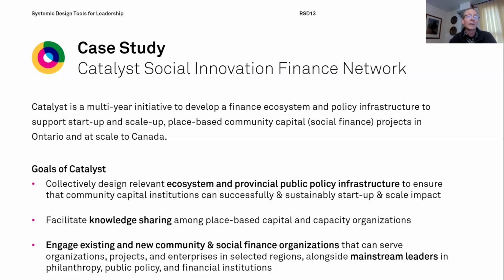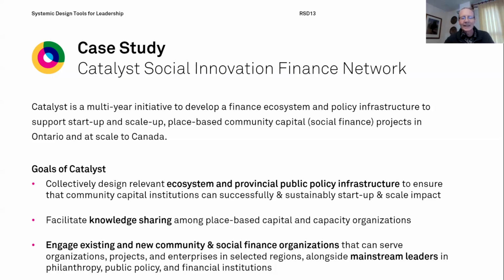And so this is developing some of its goals, developing an ecosystem that could support this type of scale in Ontario and other provinces for financial infrastructure, for community capital, which could extend beyond the financing that could, for example, be available through other types of banking.